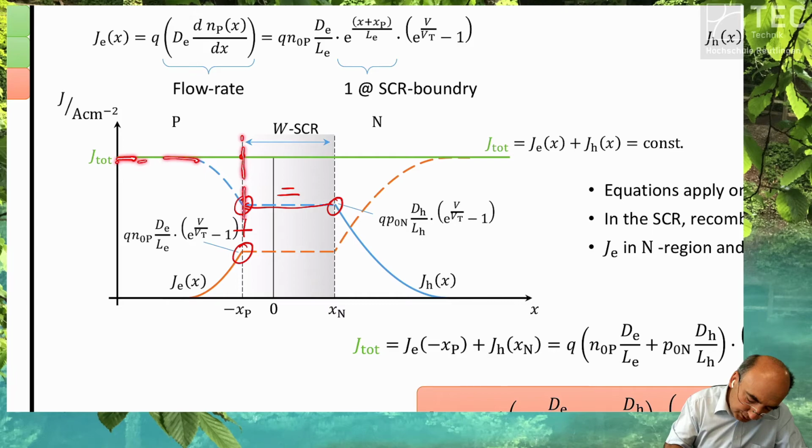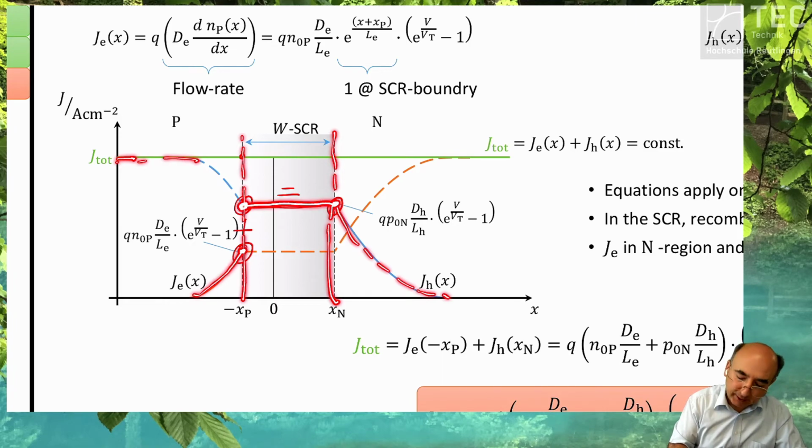At the space charge boundary, we calculated the minority carrier concentration, and we assumed that this minority carrier concentration is equal at the other side because the space charge width is very small.